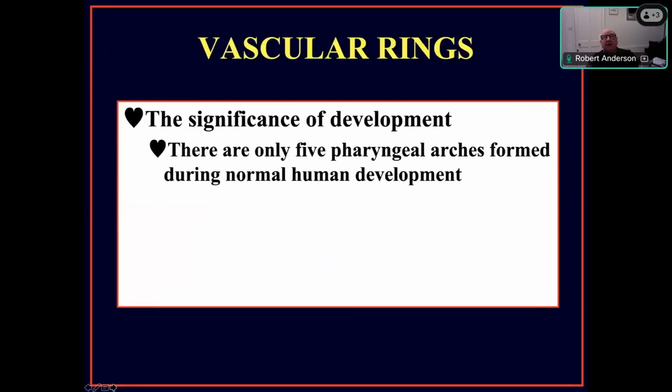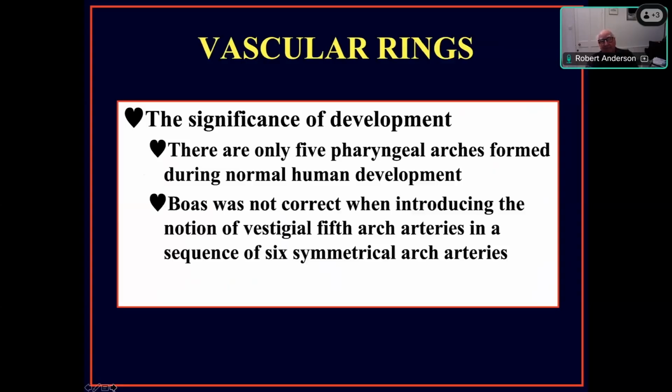So there are only 5 pharyngeal arches formed during normal human development, as in fact Rathke showed in 1857. So Boas was wrong when introducing this notion of a vestigial 5th arch.